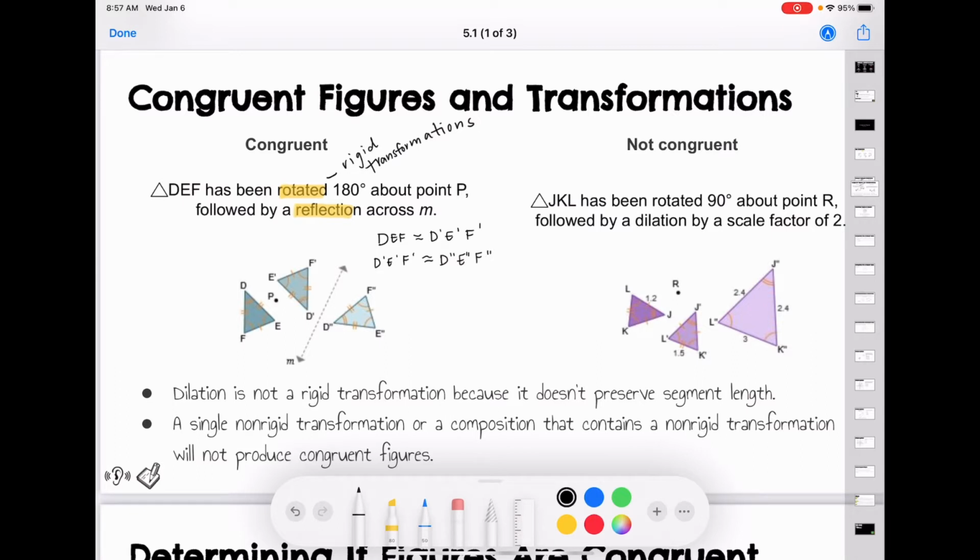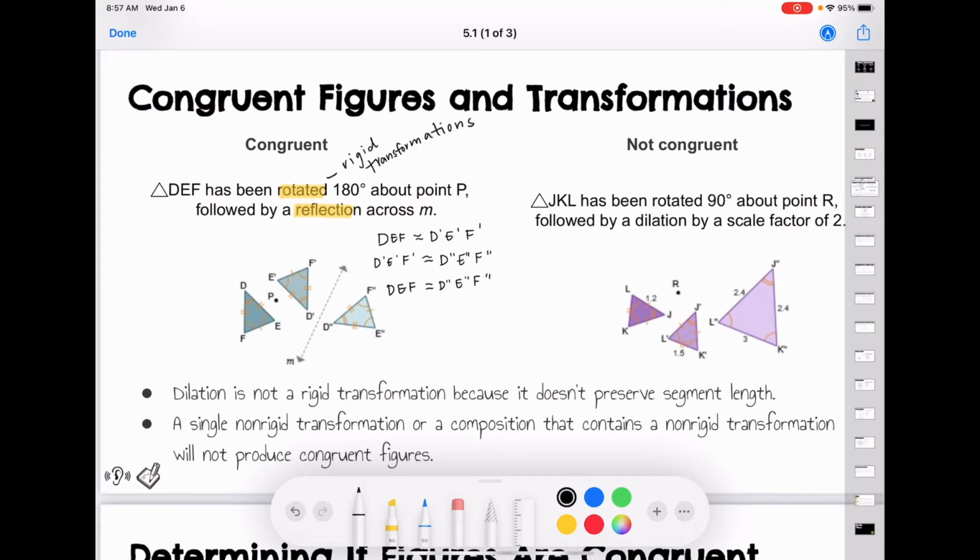So that also tells us that our original figure, DEF, would also be congruent to D double prime, E double prime, and F double prime. So through all of these different rigid transformations, our angle measures and our segments remain the same. So the congruency of all these figures is the same.